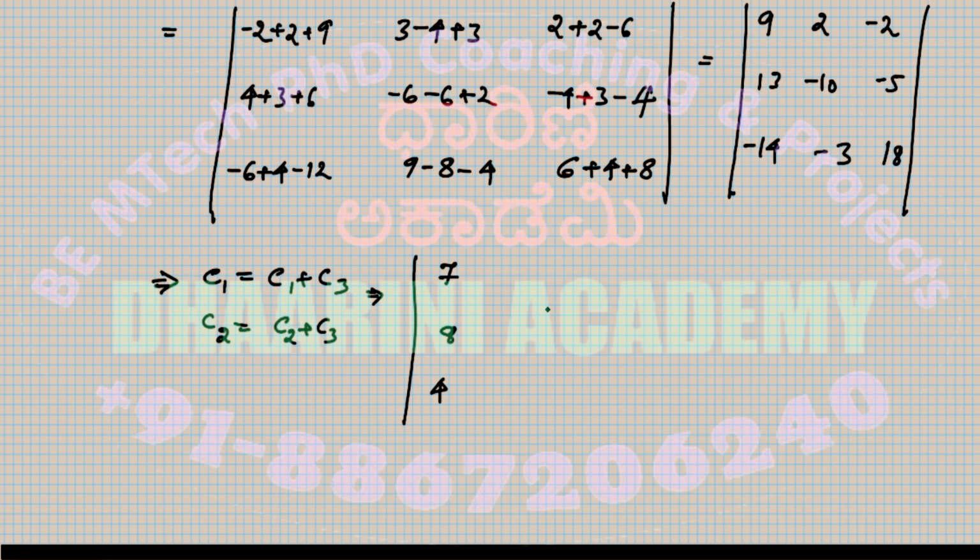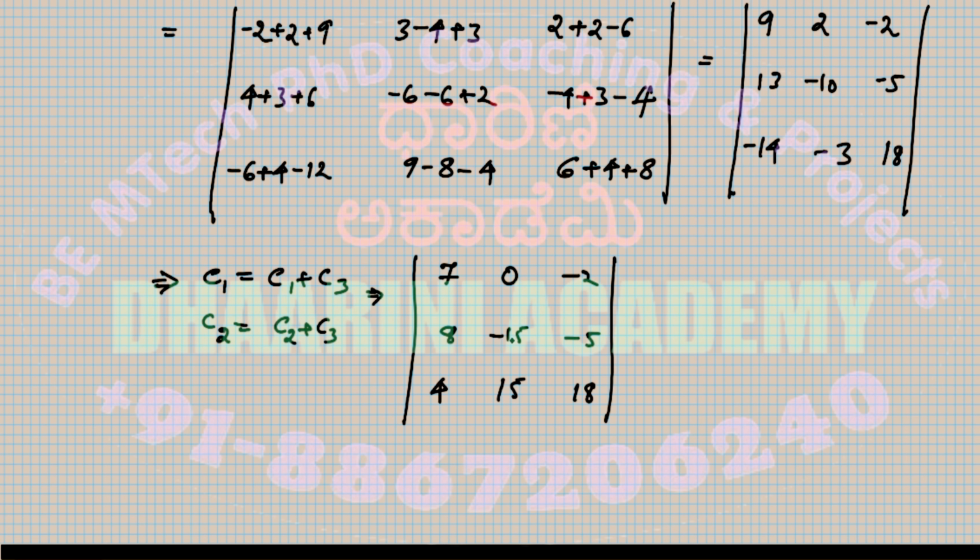Then C2: 2 minus 2 is 0, minus 10 minus 5 is minus 15, minus 3 plus 18 is plus 15. C3 as it is: minus 2, minus 5, and 18. Let me try to get a 0 somewhere.